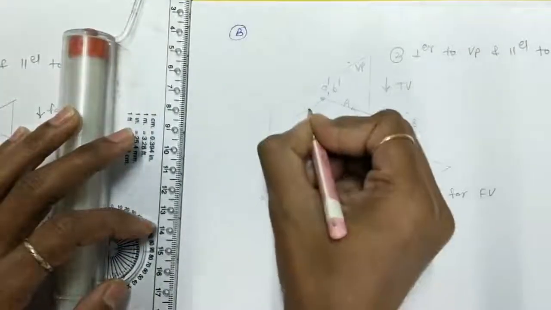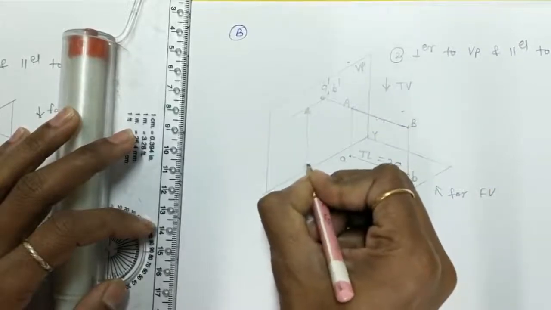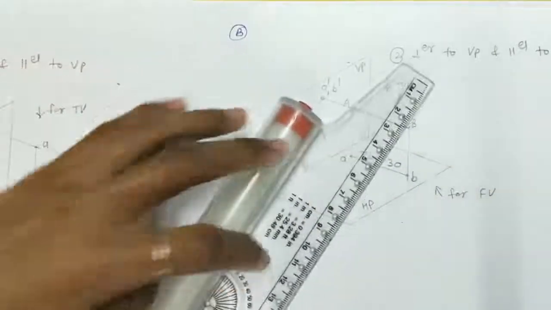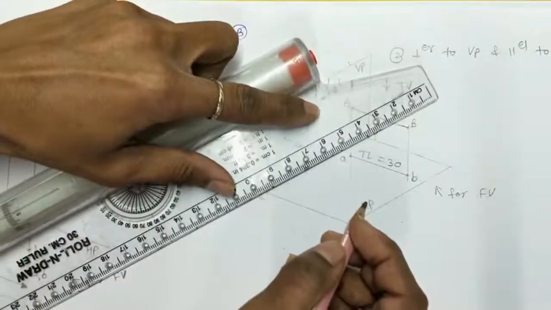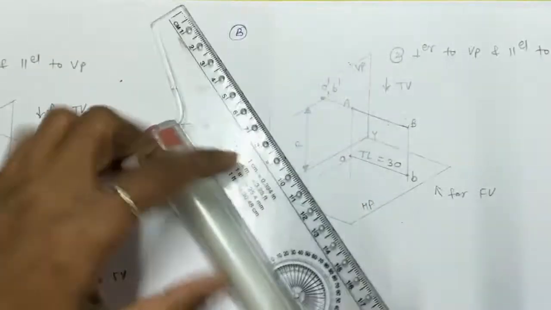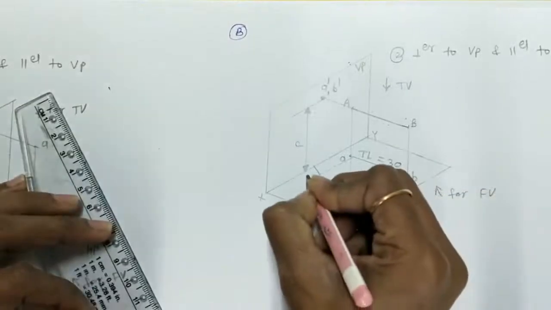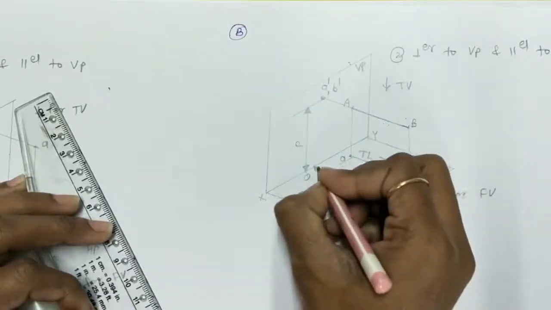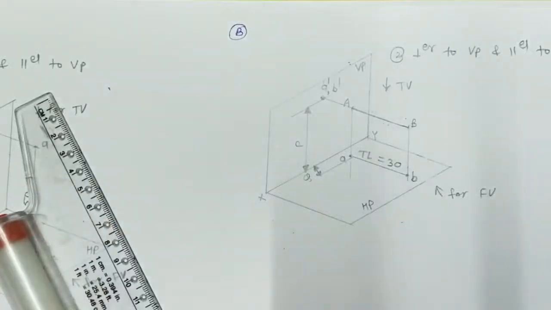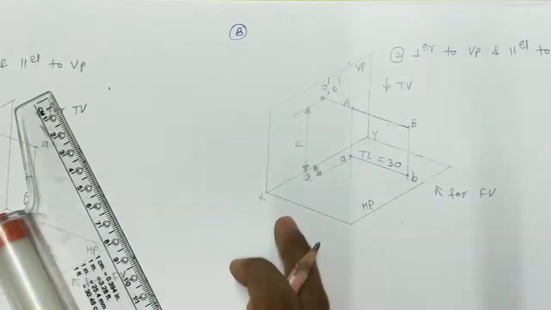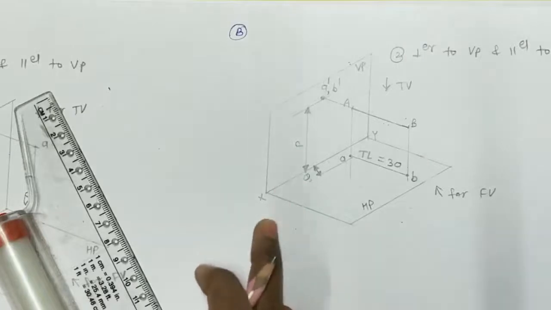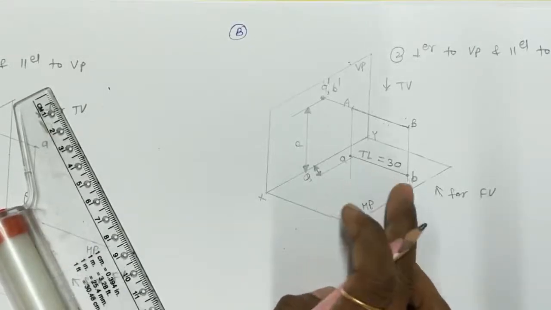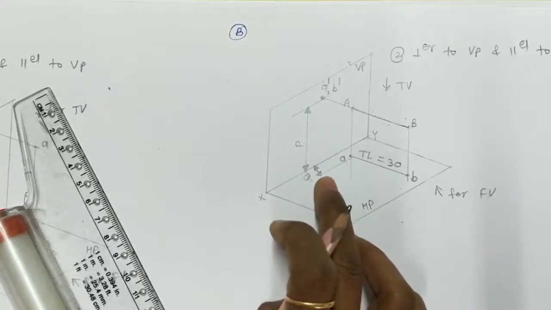So this is distance P. Up to point A the distance is Q. That is, the front view, which is a dot A dash B dash, is at a distance of P above HP, and the top view, that is AB, is at a distance of Q in front of VP.